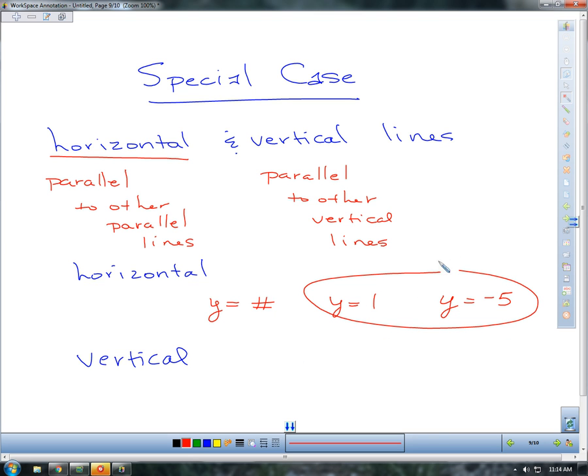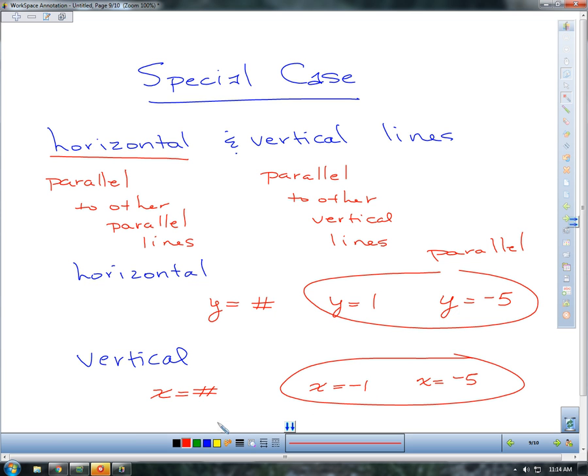These two are parallel. Vertical lines you can identify by x equals any number. So for an example, x equals -1 would be a vertical line. If I wanted a parallel line to that, just pick another number, -5. Okay?